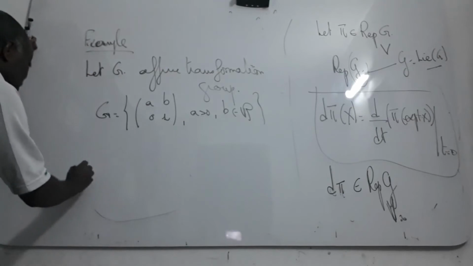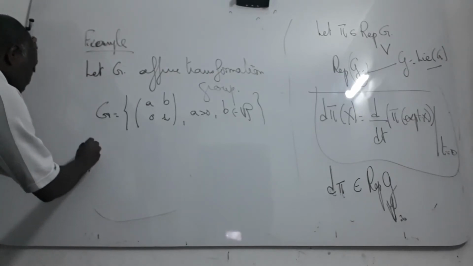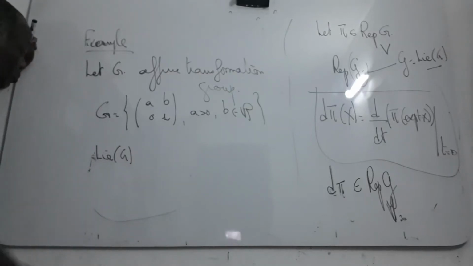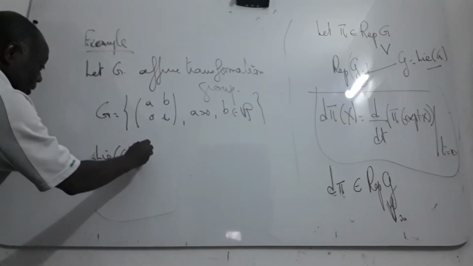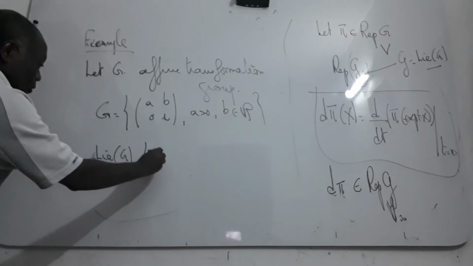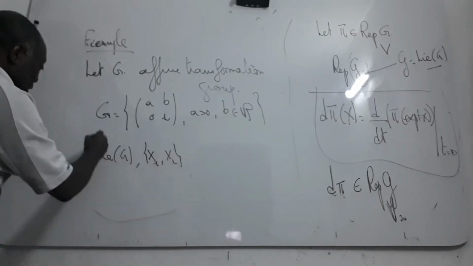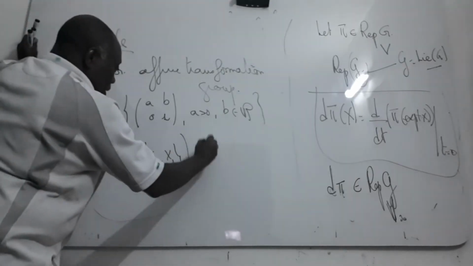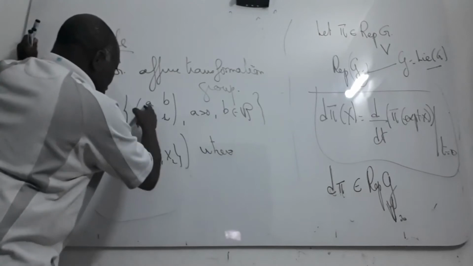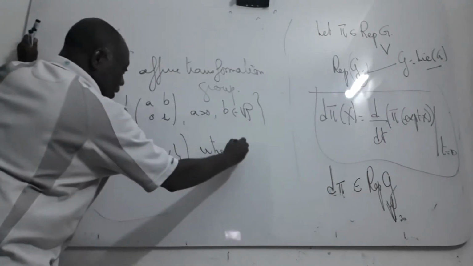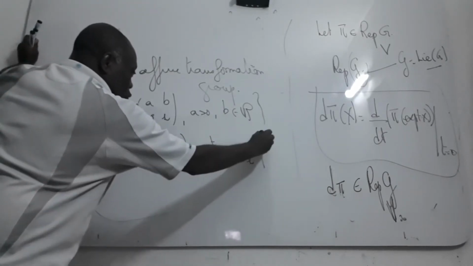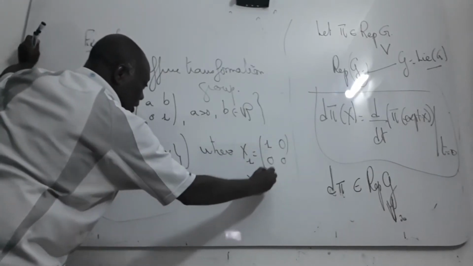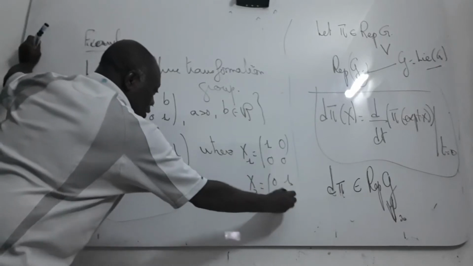Here, if you compute the Lie algebra of G, it is generated by these vectors. You can compute the table: S1 will be equal to (1 0; 0 0) and S2 will be equal to (0 1; 0 0).